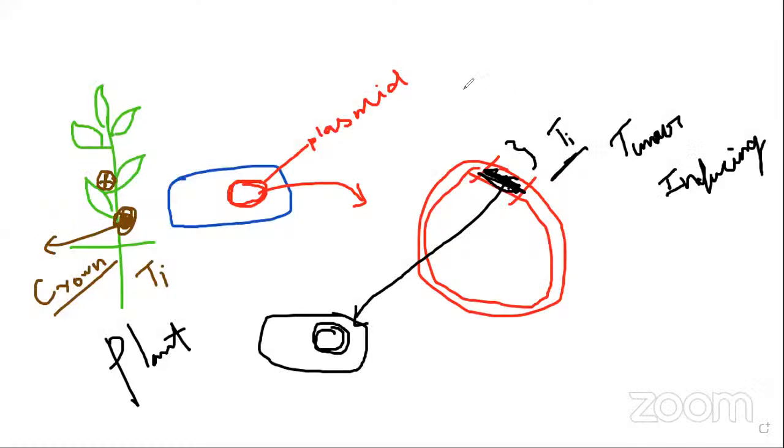Can you understand that? How will you do tissue culture? How will you prepare the tissue culture media? Tissue culture means, first of all, you should know about the plant cell.